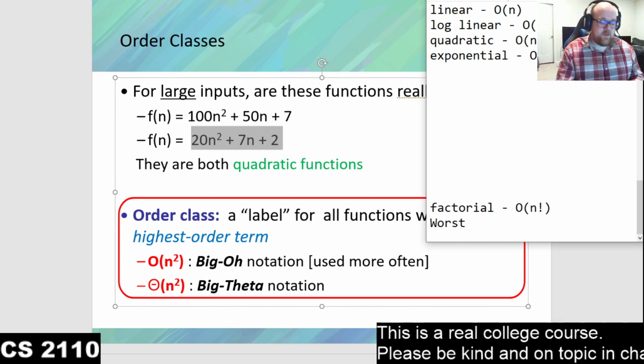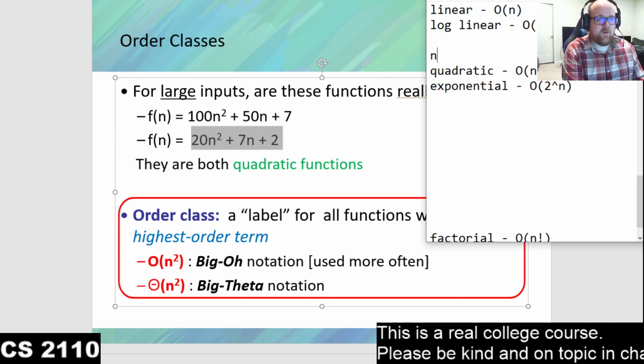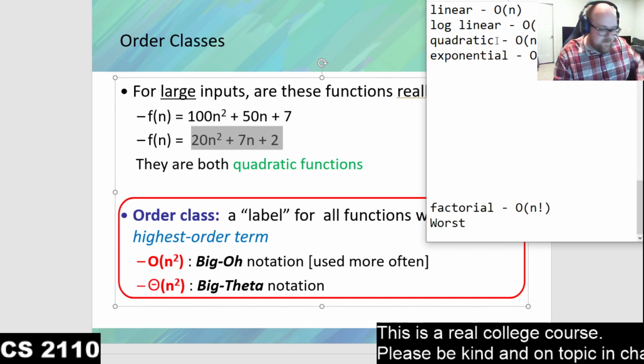So log n is still going to be greater than 1. So this number will be bigger than this as n grows. As n gets larger and larger, this number will be bigger, which means worse.